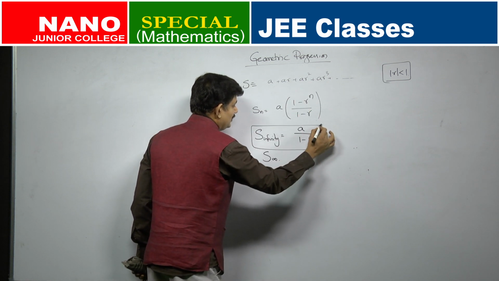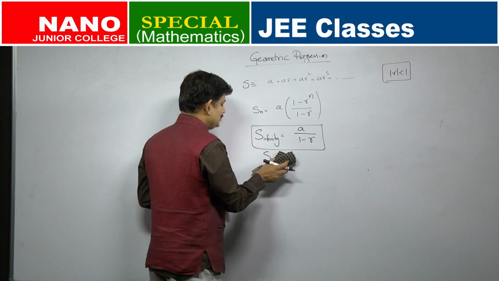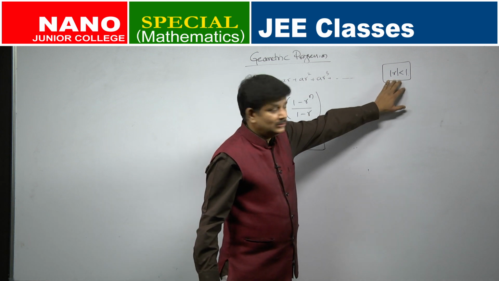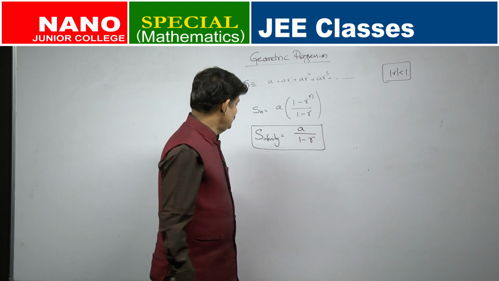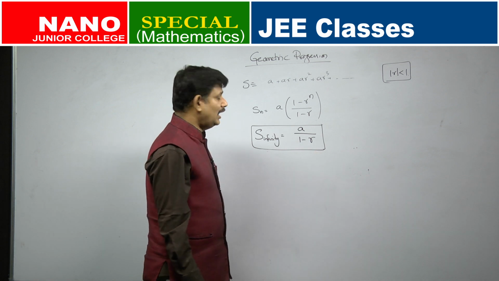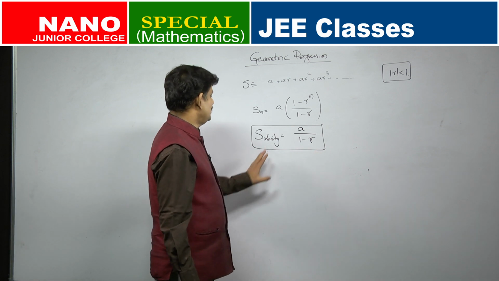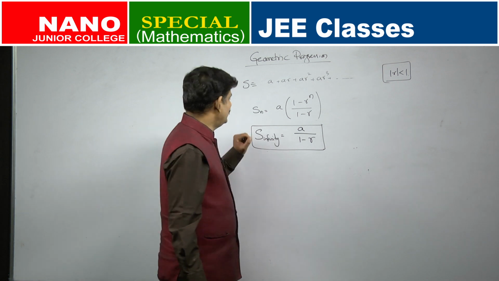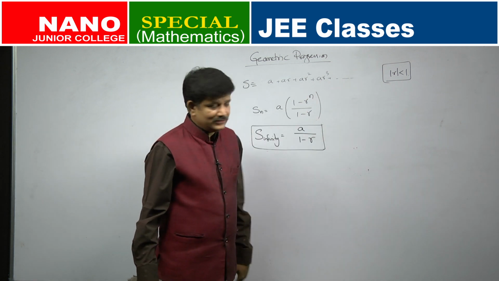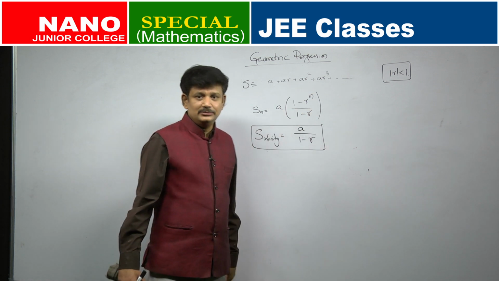So, sum to infinite terms of a geometric progression whose common ratio magnitude is less than 1 will be A by 1 minus r. It is a simple concept, nothing to get worried here. As n tends to infinity, whenever mod r is less than 1, r power n will become 0.